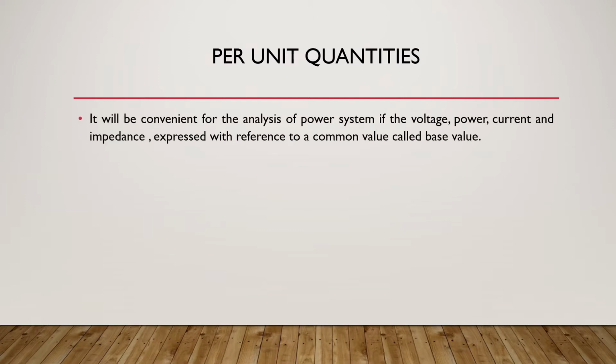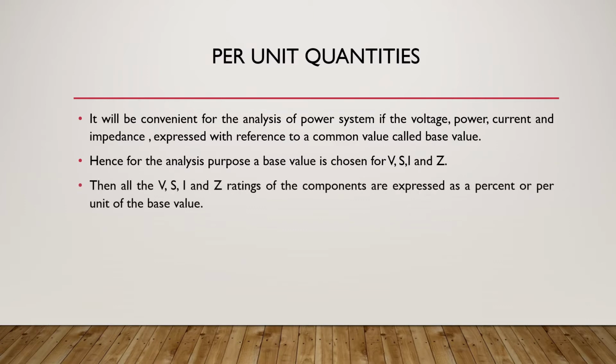So it will be convenient for the analysis of a power system if we take a common value for voltage, current, power and impedance. That common value is called the base value. Hence, for analysis purposes, a base value is chosen for voltage, power, current and impedance.